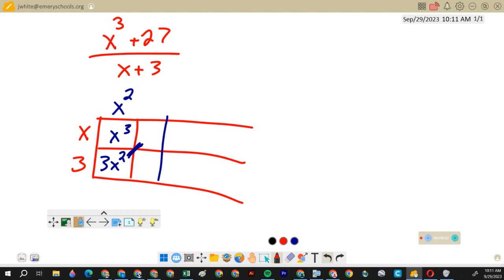There are no x squareds in my numerator. So this numerator is sort of like saying x to the third plus 0x squared plus 0x plus 27. And my second diagonal has to add up to be equivalent to the number of x squareds in the numerator, and there aren't any. This would be negative 3x squared. Does everybody get that?